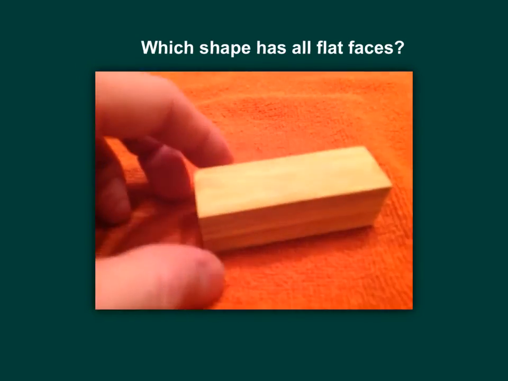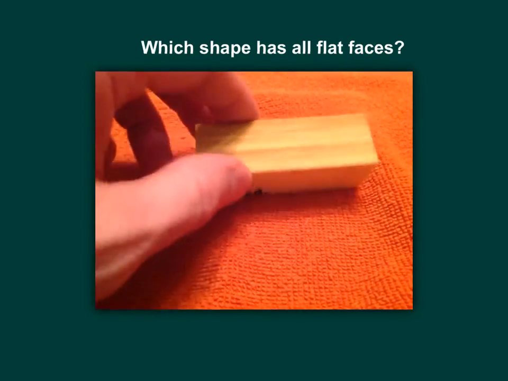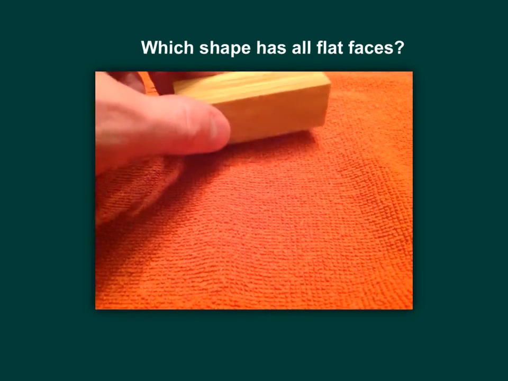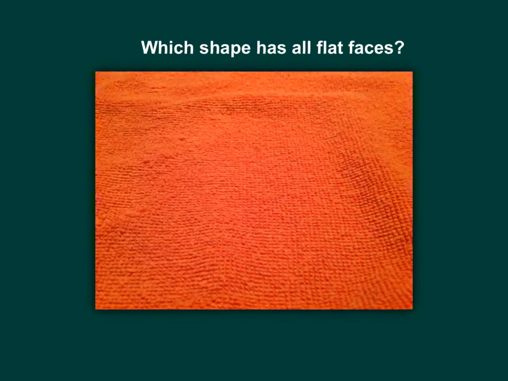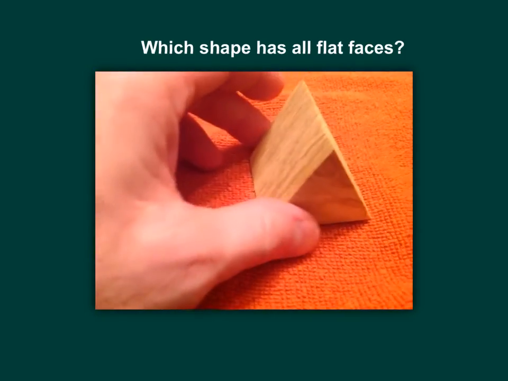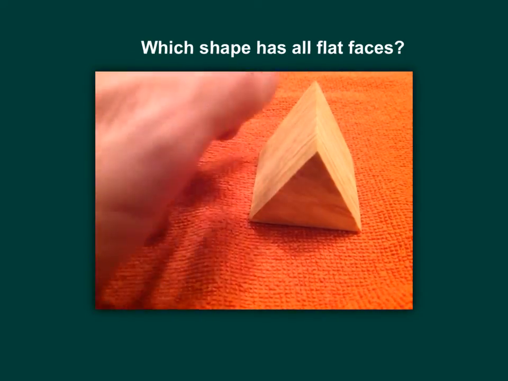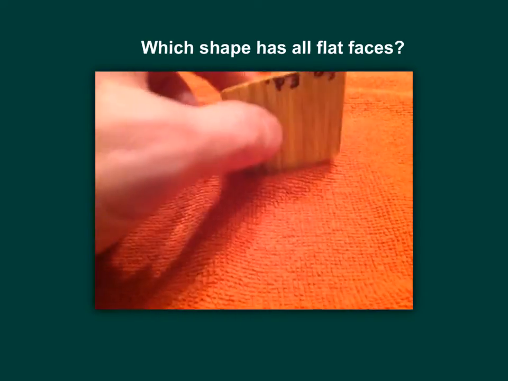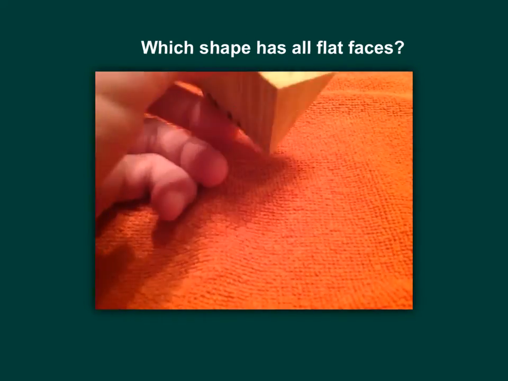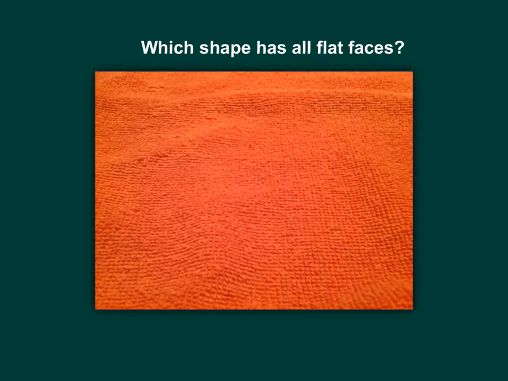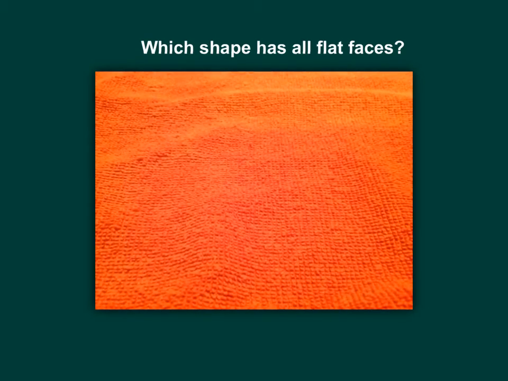The rectangular prism is the same way. All the sides and the faces are flat. The same with the triangular prism. All prisms and pyramids have flat surfaces.